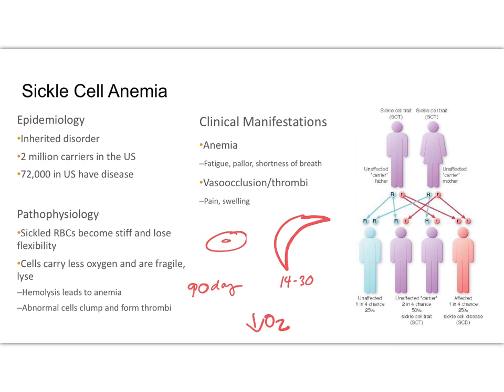It is inherited, and we see it higher in our populations that come from places that have malaria. Because people that have sickle cell trait, that's sickled hemoglobin, malaria actually invades our red blood cells, and they're more resistant to malarial infection. And so what are some areas where you might see people that have higher rates of having this sickle cell trait?